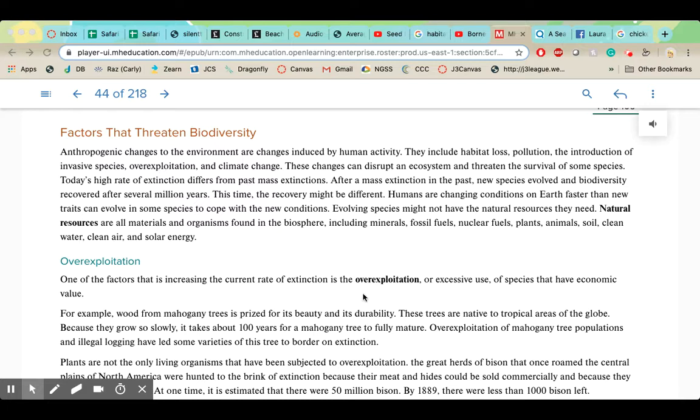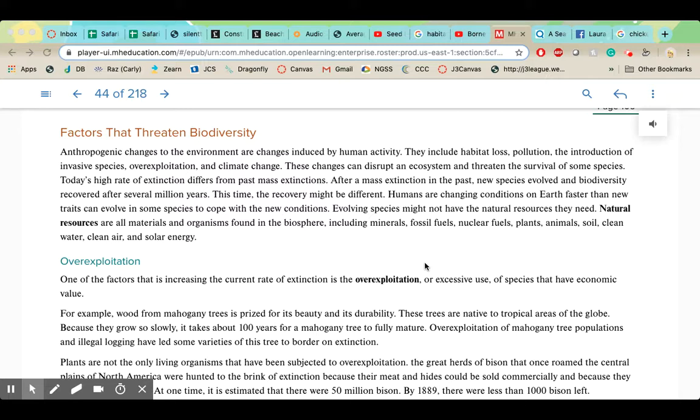One of those can be overexploitation. Overexploitation is basically overusing that species or hunting it or whatever. Another human change that can affect biodiversity is habitat loss, habitat fragmentation, introducing invasive species, that's species that don't belong there, climate change, pollution, and there's a lot more.